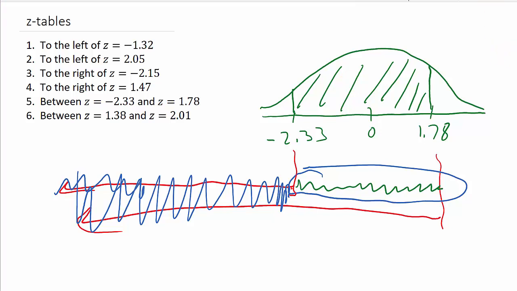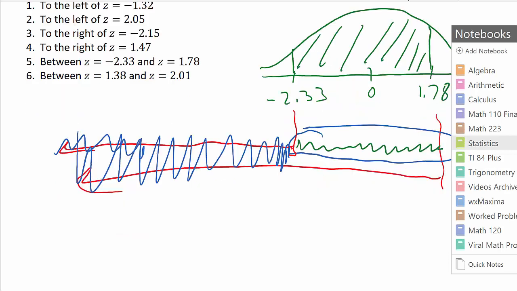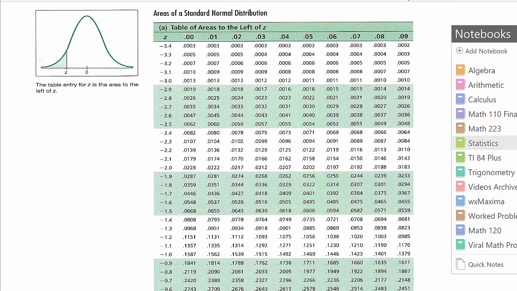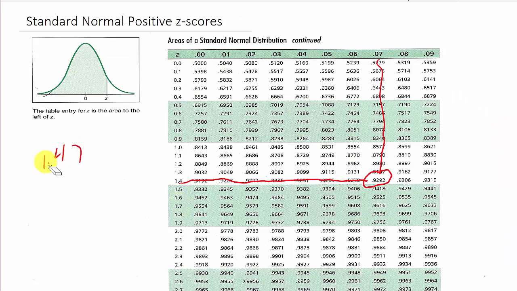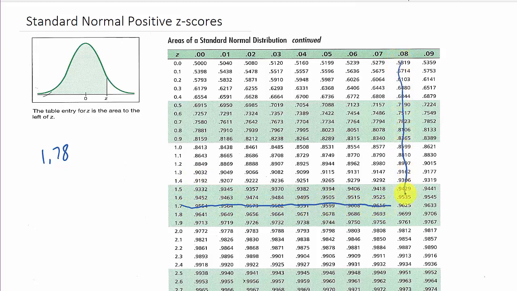Alright, so let's go ahead and look up these values. Let's go to the positive first. The first one we have to look up is 1.78. If we look at 1.78, that will give us 0.9625.